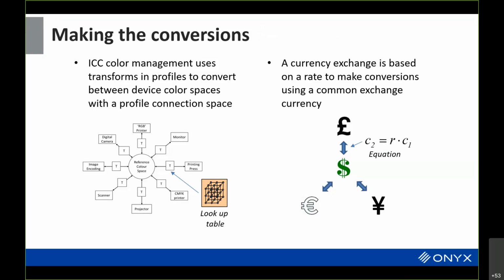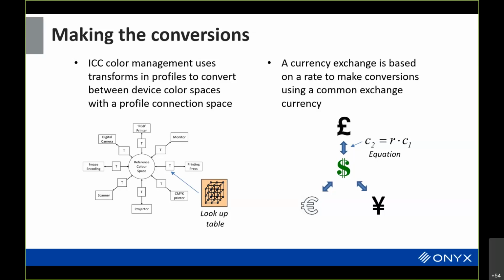When making conversions between color spaces with ICC color management, we use a big old lookup table with various combinations of the color units, and for each of those combinations, the corresponding one. Then you use some interpolative math to figure out what the intermediate values are.